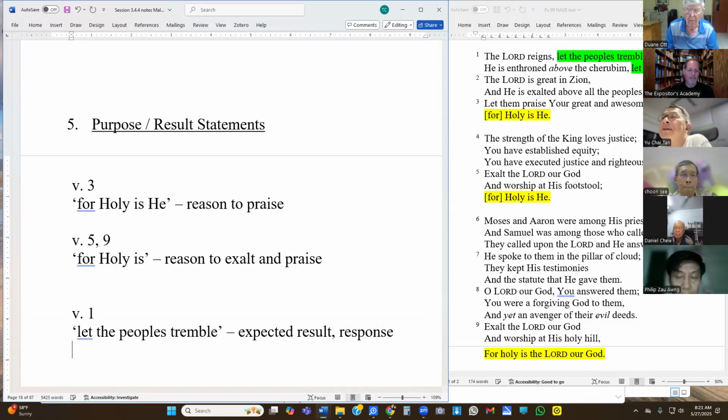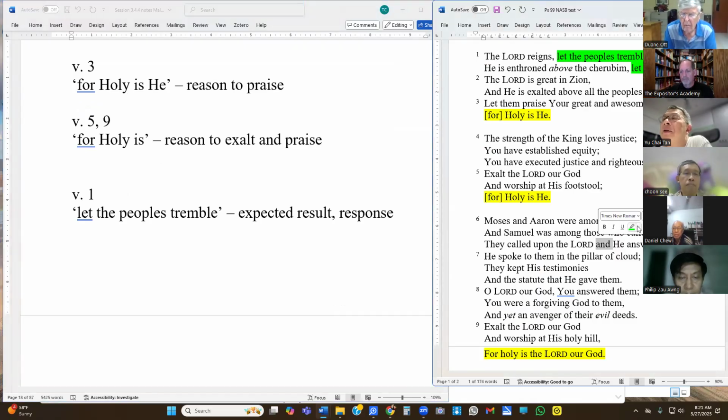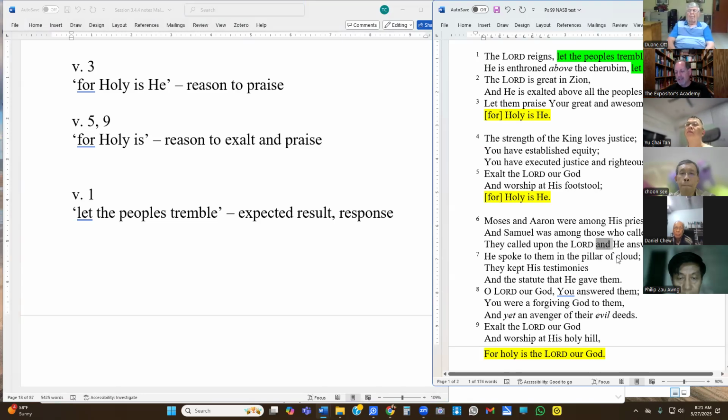I was thinking, Pastor Tim, the end of verse 6 is also a result. They called upon the Lord and he answered them. Oh, well, it could be if he had used the conjunction, they called upon the Lord, so he answered them. I would say that, but because he uses and, he's making two declarations. But I think that's a good insight, that he did respond to them calling upon him.